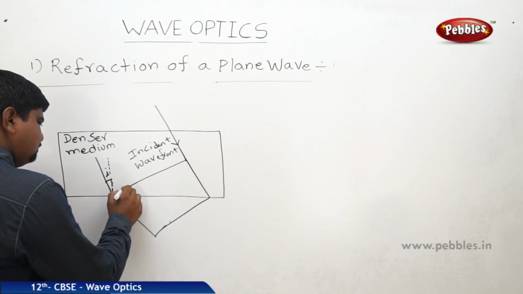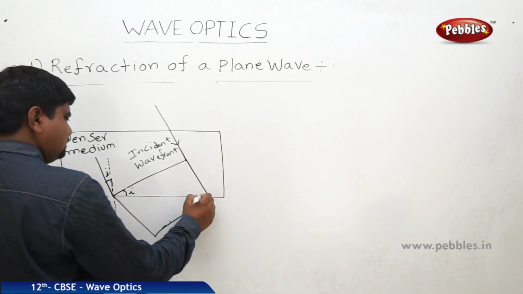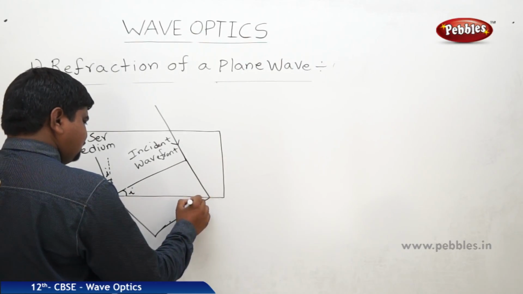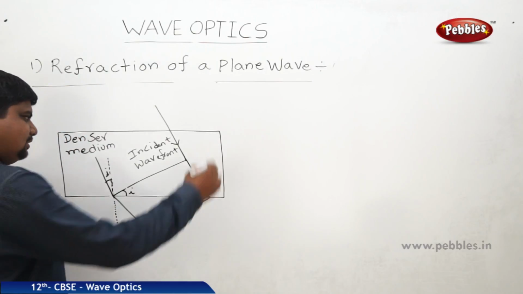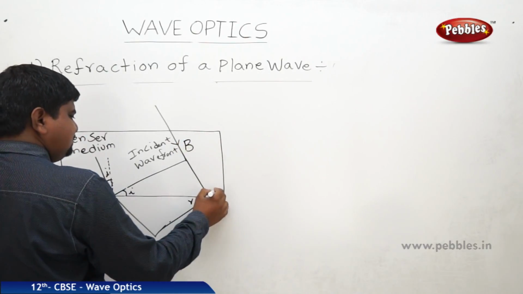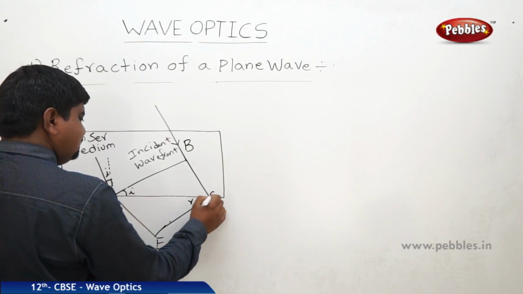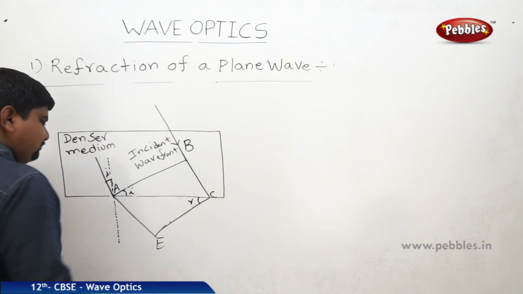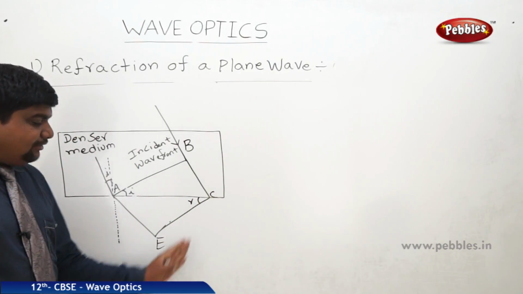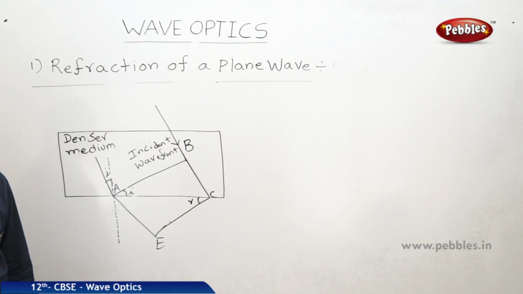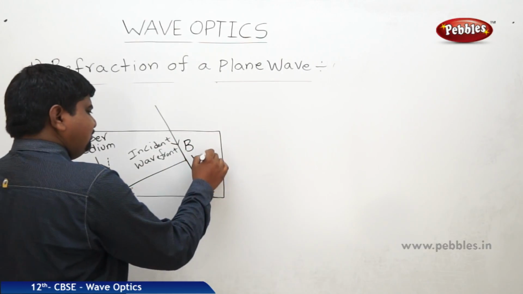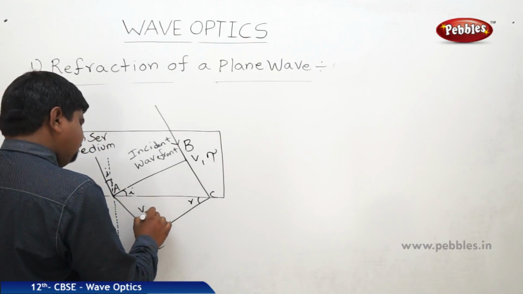So this is the angle of incidence, this is the angle of refraction. The points are B, C, E, C, and A. The light is refracted from this one. So here it is V1 tau, here it is V2 tau.